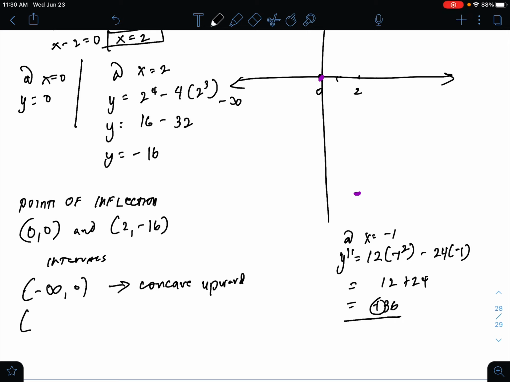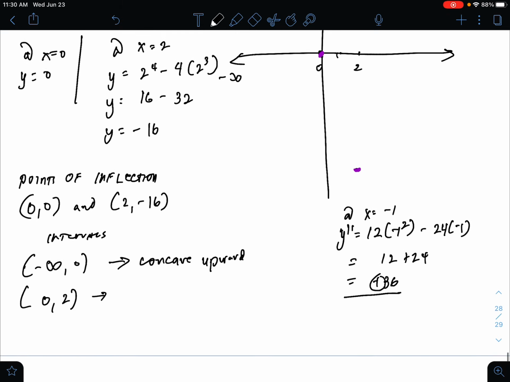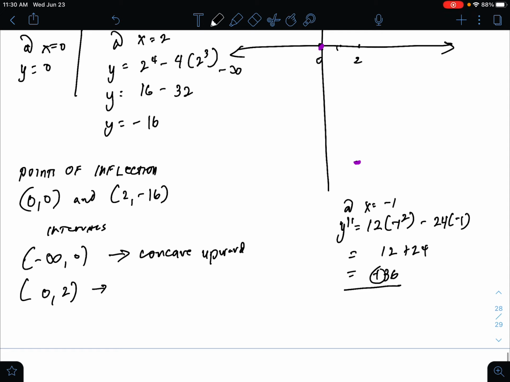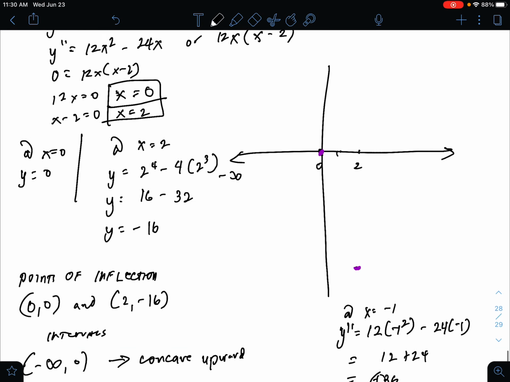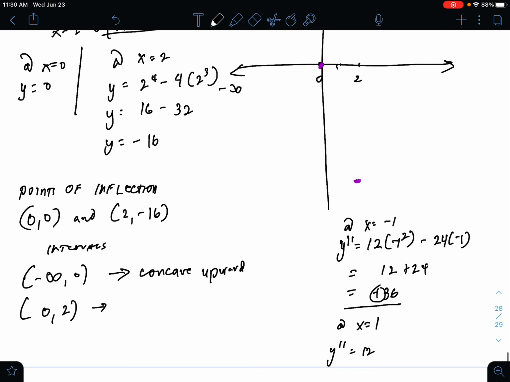Then, from 0 to 2, at x equals 1, 12 times 1 is 12 minus 24. Negative 12, so negative, concave downward.